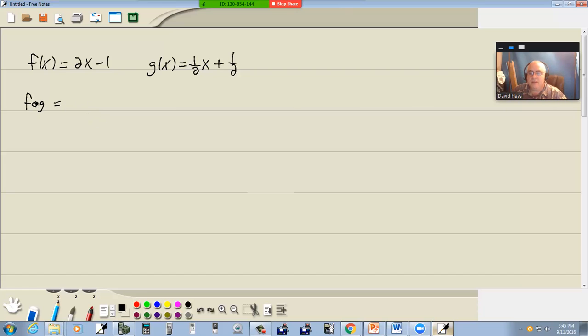This little O-looking thing, remember, is composition. That means f of g, which means we take our f of x, which is 2x minus 1, and everywhere I have a variable, I'll put parentheses. Whatever's inside the parentheses, we'll put g in there. But g is equal to 1/2 x plus 1/2.